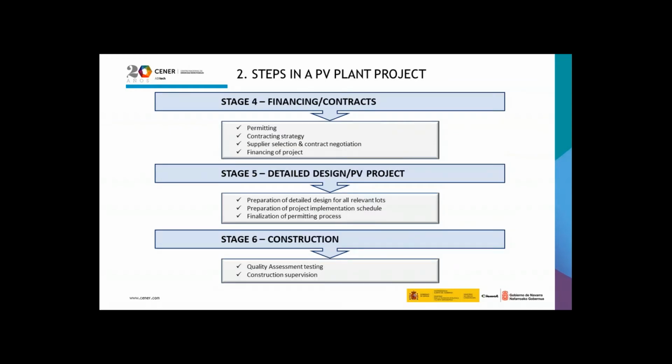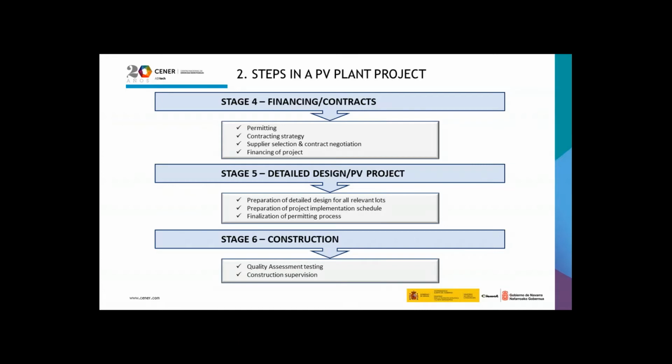Stage 4 is the financing and contracts stage that contains these tasks: the permitting, the contracting strategy, supplier selections and contract negotiation, and the financing of projects with the bank or a financial institution. Stage 5, the detailed design and the PV project phase, is the preparation of detailed design for all relevant lots, the preparation of project implementation schedule, and the finalization of the permitting process.